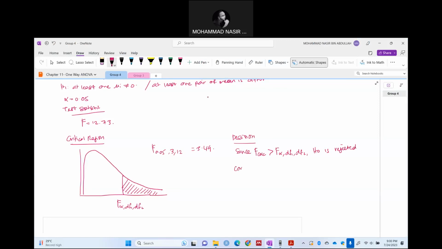So we can conclude that we have enough evidence to indicate that there is a significant difference in mean tensile strength of cement by using 4 mixing techniques.